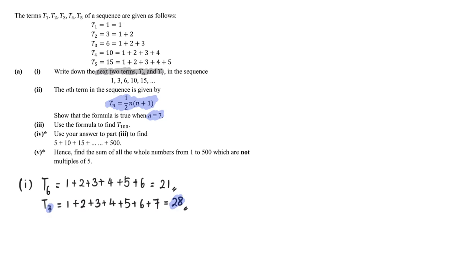Okay? So for part B, part 2, all we have to do is simply to apply the formula by substituting all the n as 7. And this indeed is equal to 28. Shown.